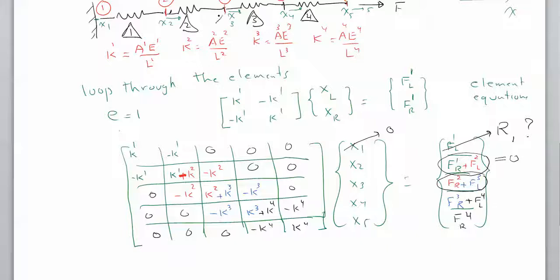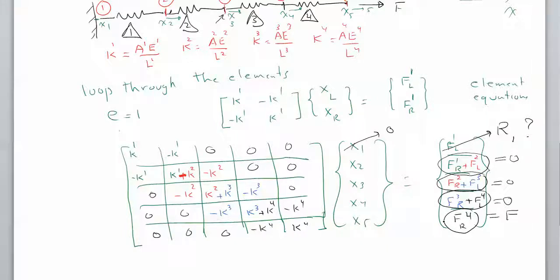It's referring to this particular node. And the sum of the external forces applied there is 0. And by the same token, this is 0. This last term down here in the load vector is referring to the right end of element number 4. And the right end of element number 4 is exactly where we applied that big force F. So this is F.